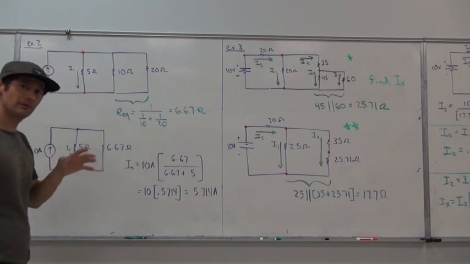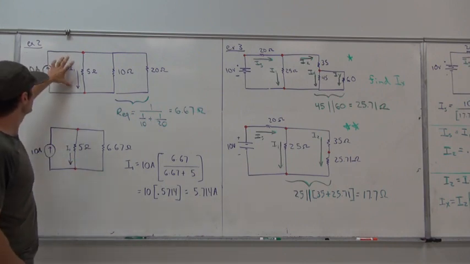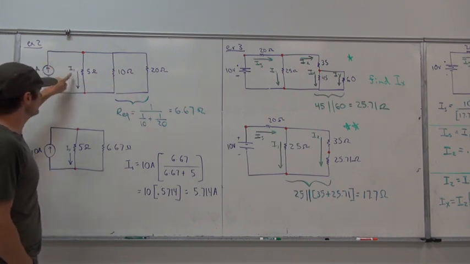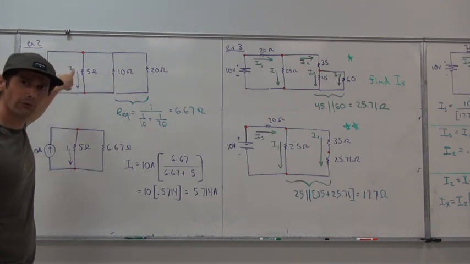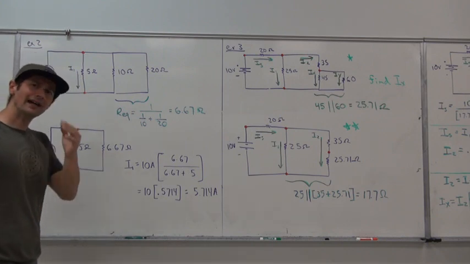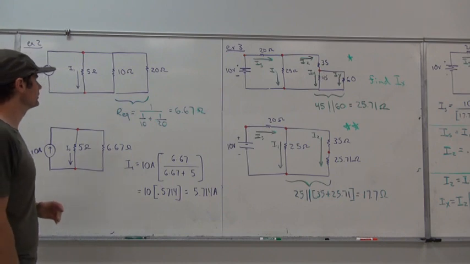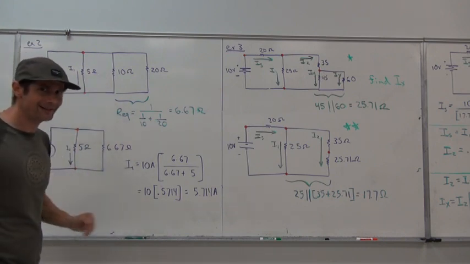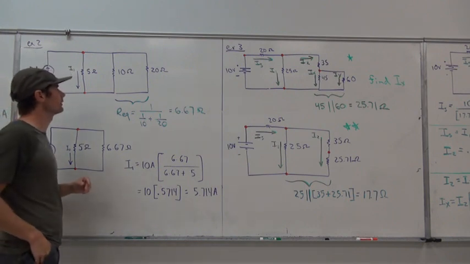But as I said before, we have 3 elements in parallel. We're looking for I1, the current through the 5 ohm resistor. So in order to utilize current division, we can't do it with the circuit as is. We just can't.